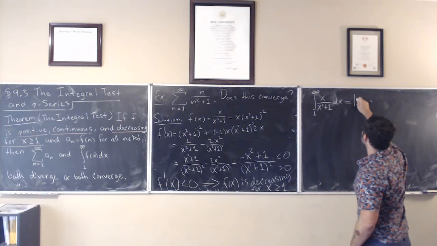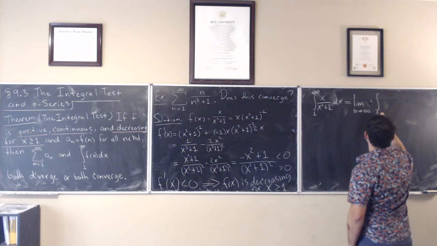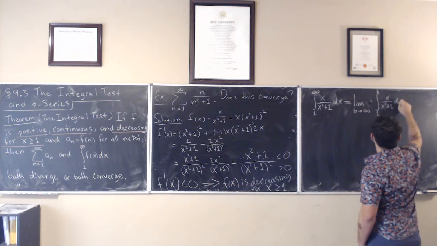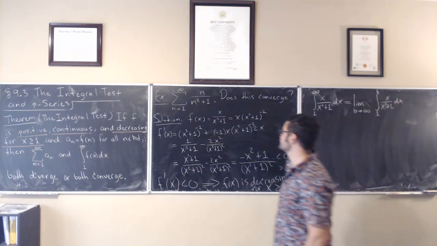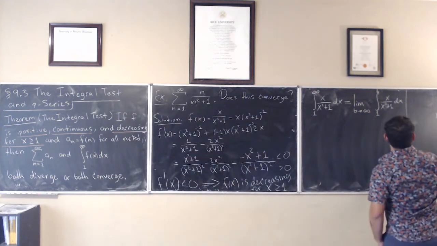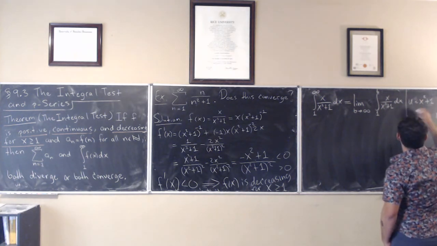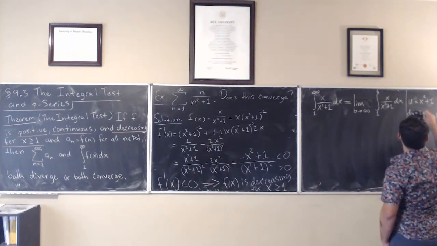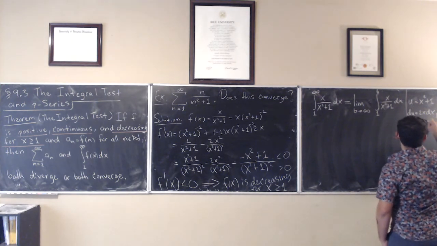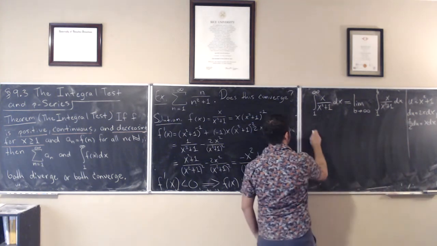And we know that this is equal to the limit as b tends towards infinity of the definite integral from 1 to b of x over x squared plus 1 dx. Using u substitution, if u is equal to x squared plus 1, then du is equal to 2x dx, which means that a half of du is x dx.